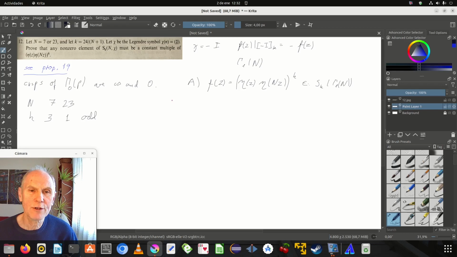So first there are conditions at the cusp. And that follows just like in proposition 19, I think. So it's only the transformation.